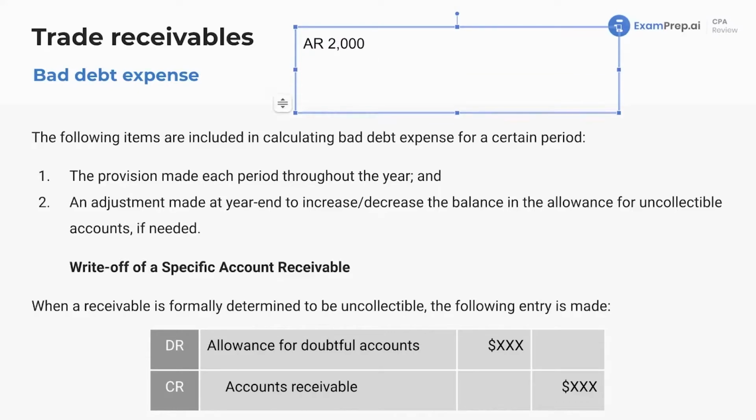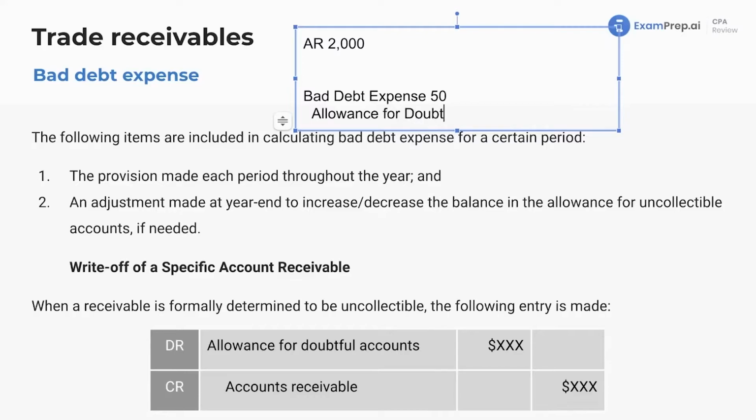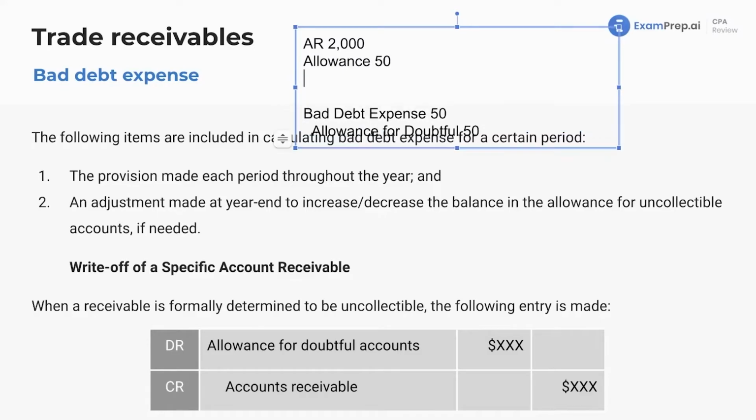You've made the journal entry now to do bad debt expense for 50 and allowance for doubtful accounts for 50. Now what we see on the balance sheet is AR and then allowance of 50. So net AR is now 1,950. Cool.